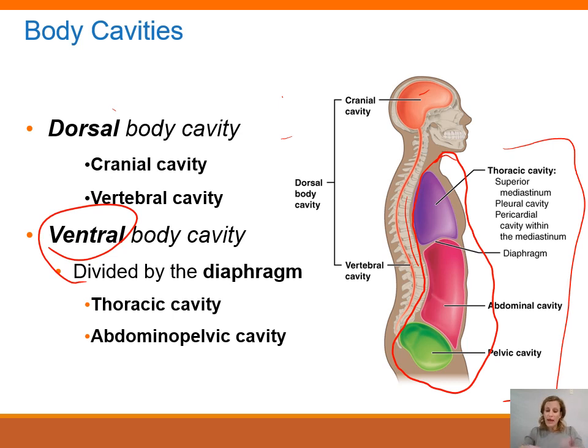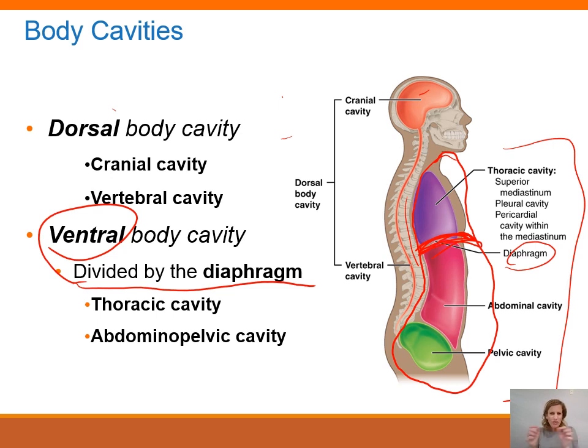Now, the ventral body cavity is divided into top or superior and bottom or inferior portions, and it's divided by the diaphragm. The diaphragm is a huge dome-shaped muscle. There's a big muscle that kind of curves like this, and it almost completely separates the chest from the abdomen.